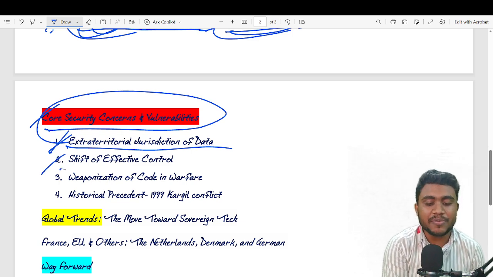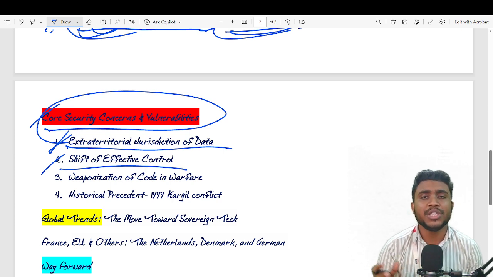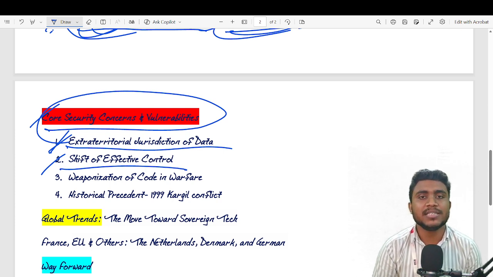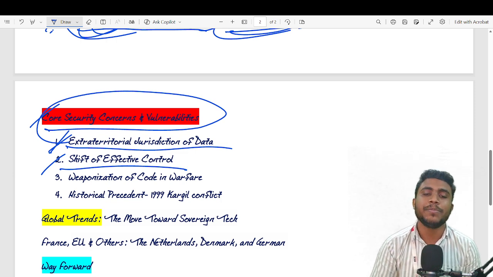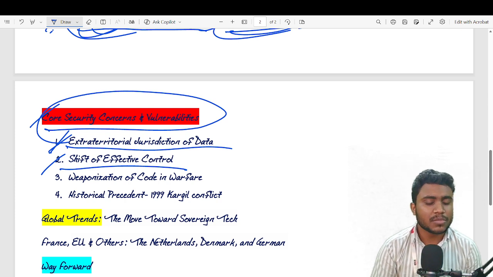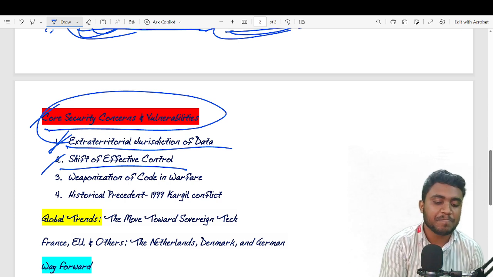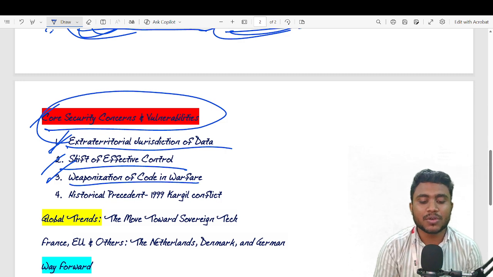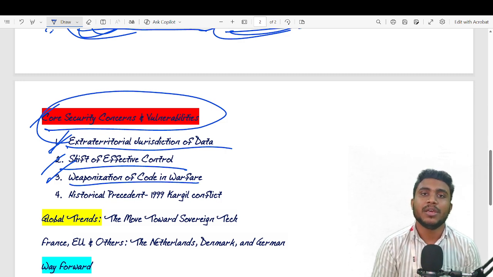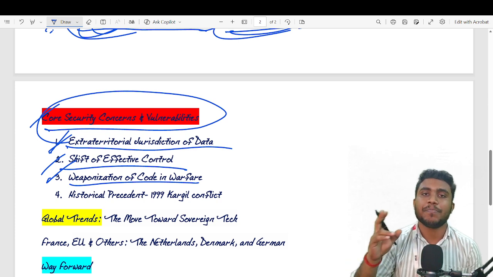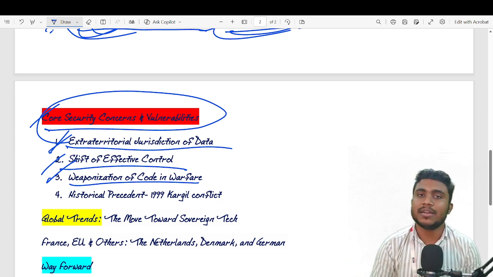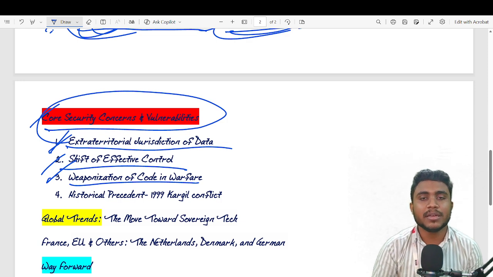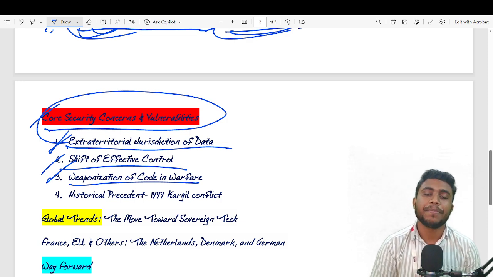Next is the shift of effective control, like authentication or any other services, where our government has to depend on these companies. Then the weaponization of code in warfare. We know that tanks and fighter aircraft are mechanical, but they are run through software.